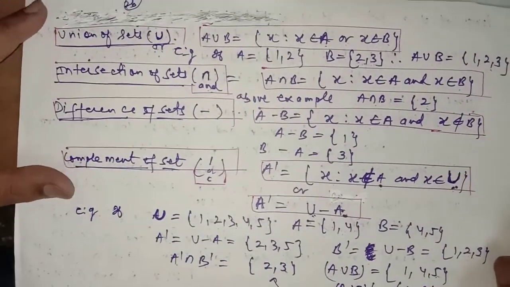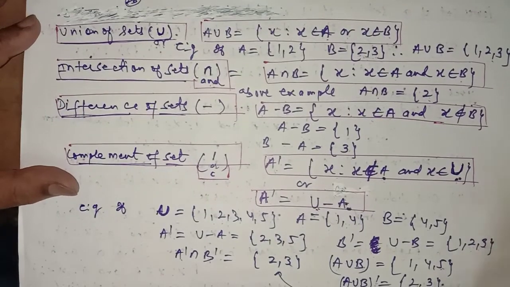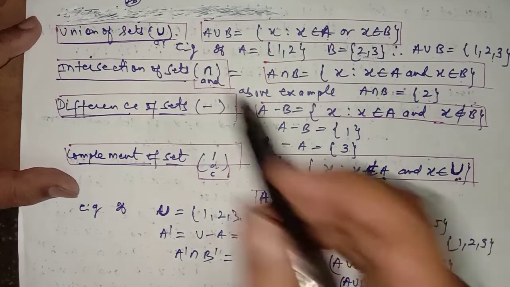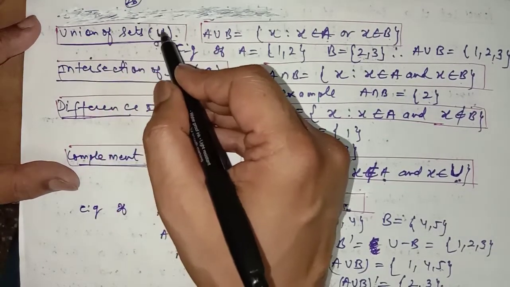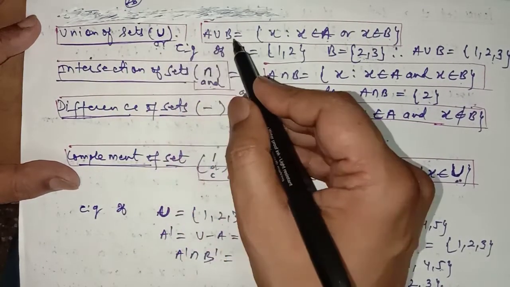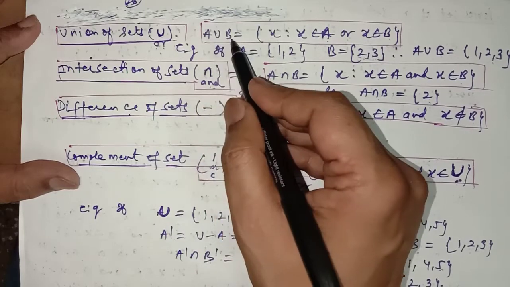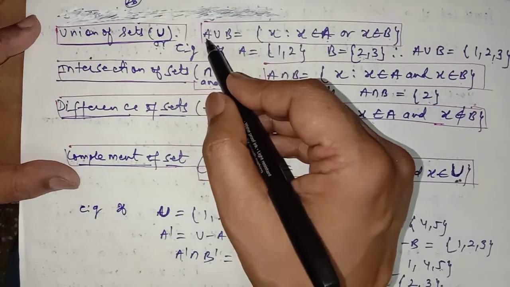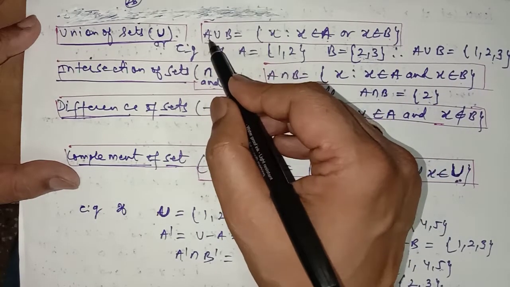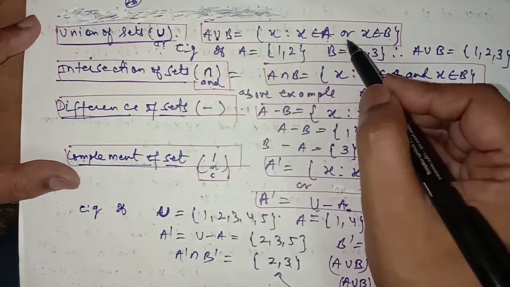Now after that we have the algebra of sets, in which first we have union of sets. Now what is the meaning of union? Union is denoted by the small u. Now A union B, what does this mean? The union of A and B means those x which belong to A or B, either in A or in B. Union we denote by this word or.